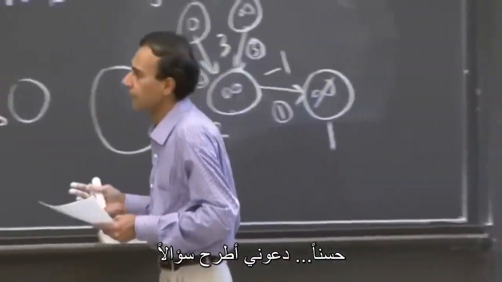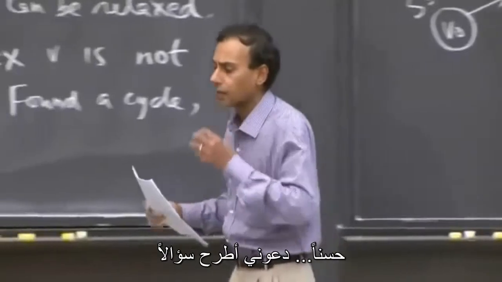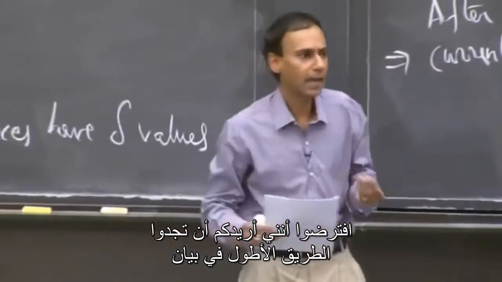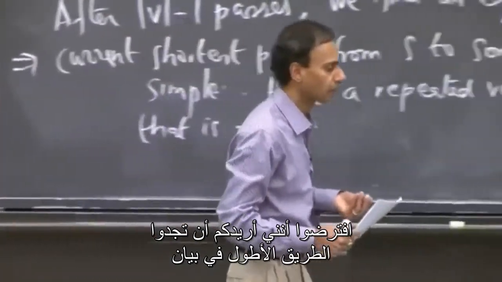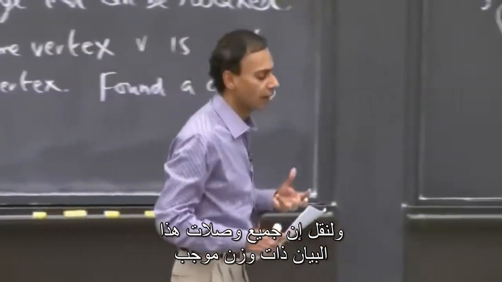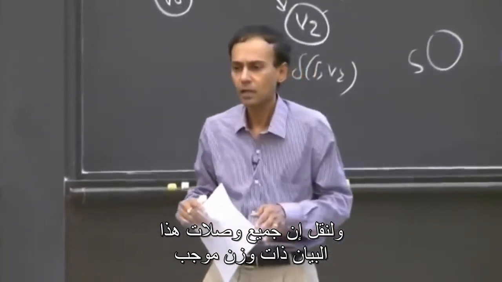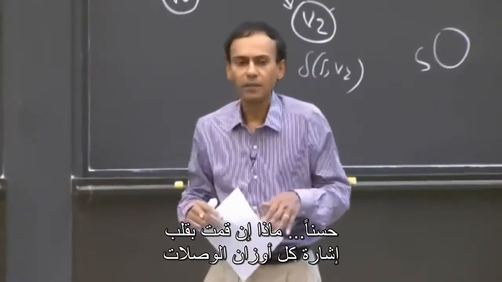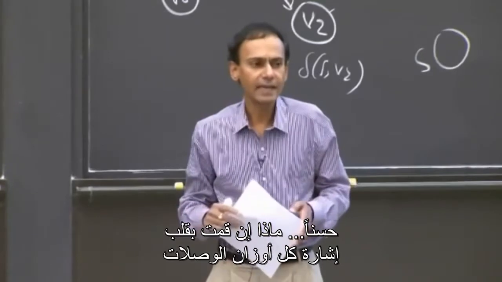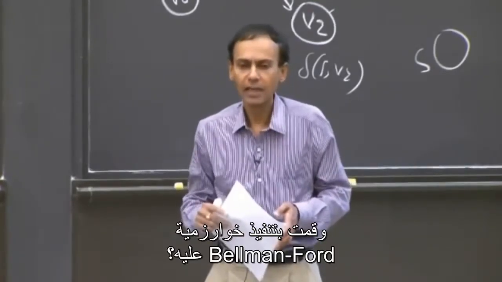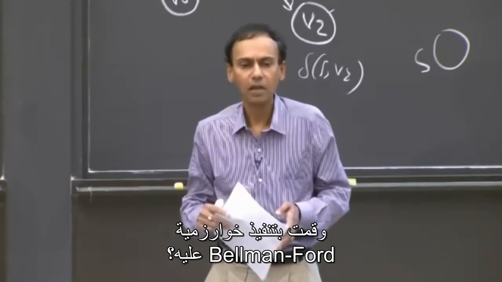OK, so let me ask a question. Suppose I wanted to find longest paths in a graph, and let's say that this graph had all positive edge weights. Okay? What if I negated all of the edge weights and ran Bellman Ford?